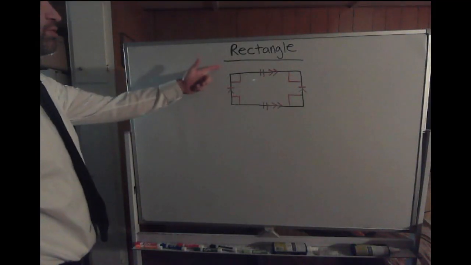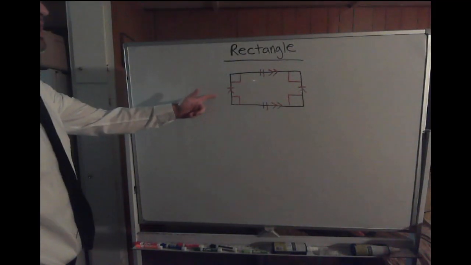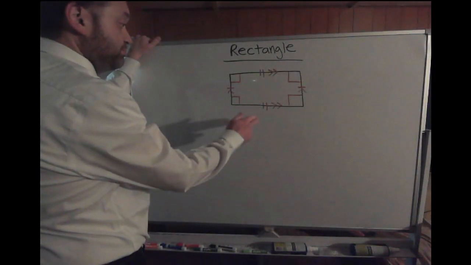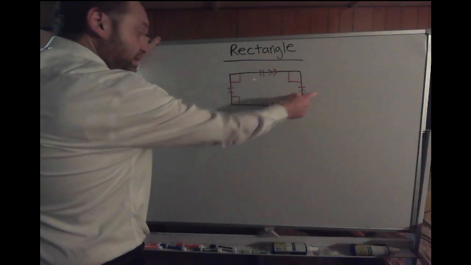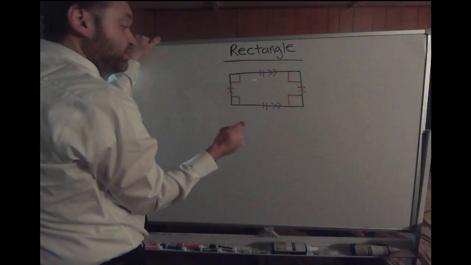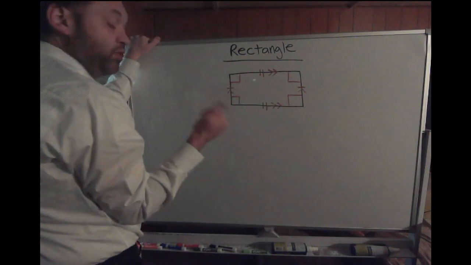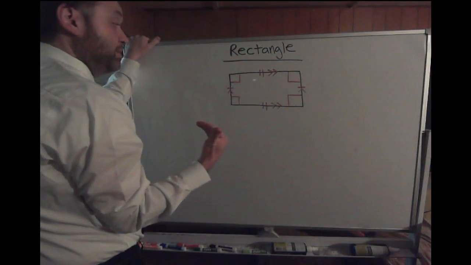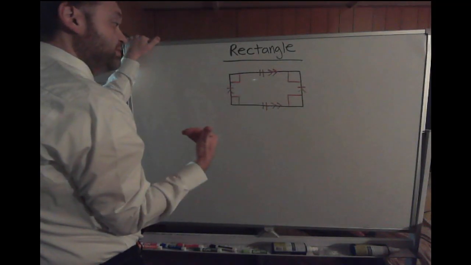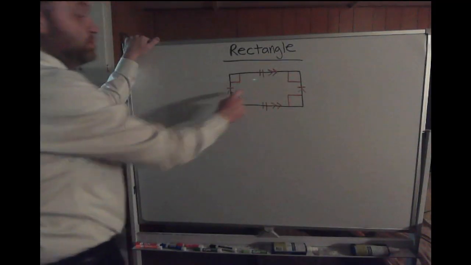So for example, everyone's familiar with a rectangle. A rectangle has both pairs of opposite sides parallel to each other. Both pairs of opposite sides are congruent to each other. Therefore, it's already a parallelogram. However, what makes a rectangle special is the fact that it has four right angles.